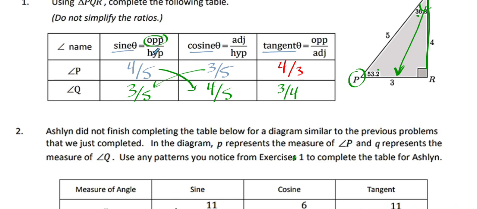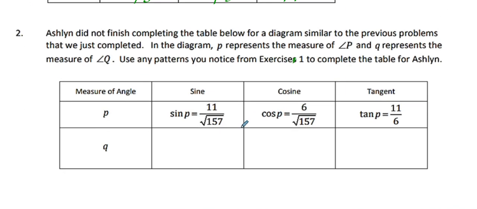If I talked about the opposite side here for sine, the side that's across from this one, but now I change my angle to this one, now it becomes the adjacent side. So these are just going to flip-flop. So sine of Q is the same thing as cosine of P. And cosine of Q is the same thing as sine of P.